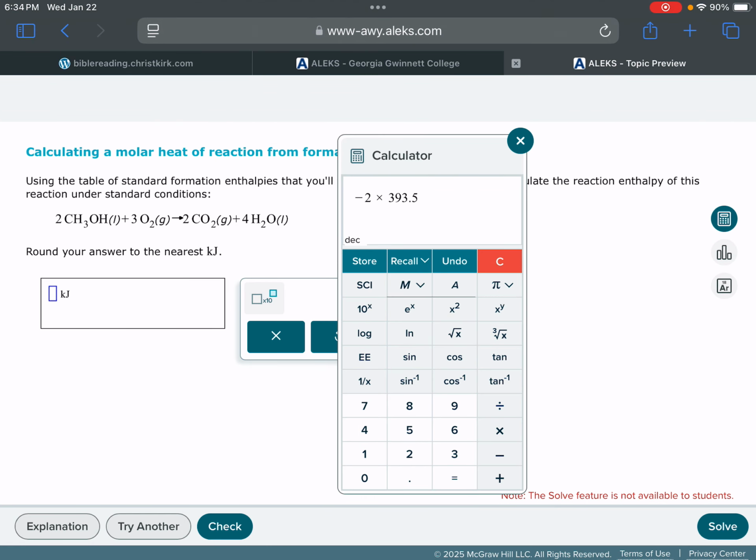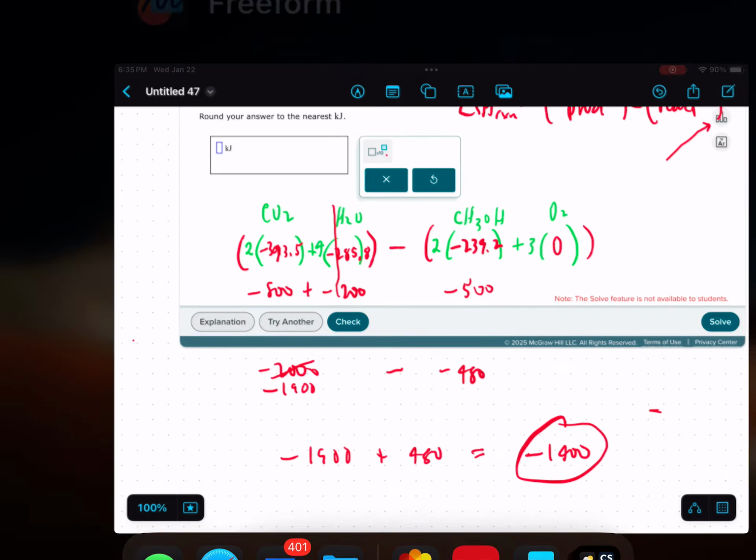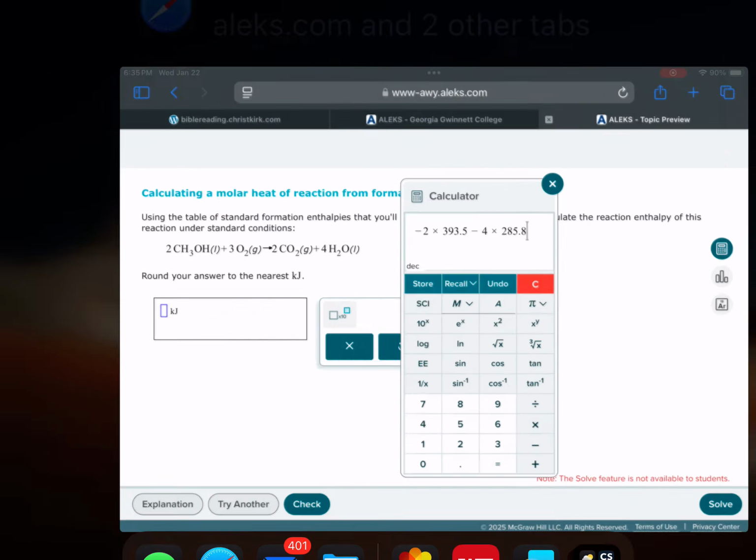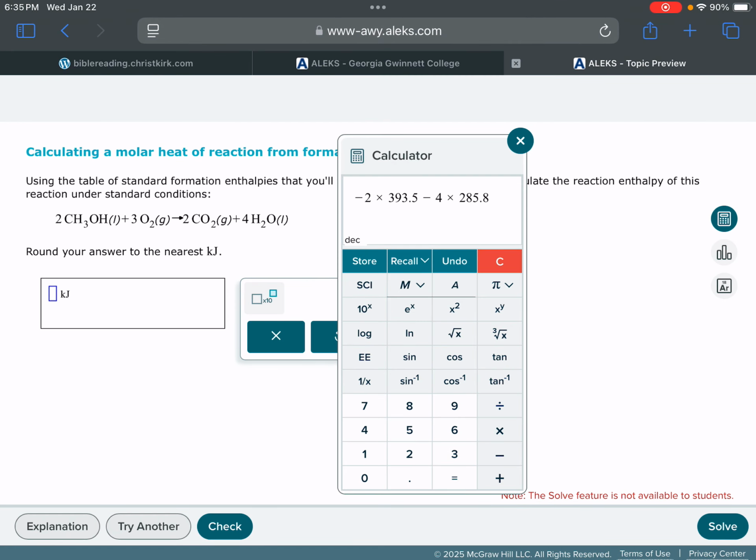And it's going to be, it was also negative, right? Negative 4 times 285.8, I think. Let's go check it. Minus 285.8, yeah, okay. And then it's going to be plus because the carbon dioxide was negative.